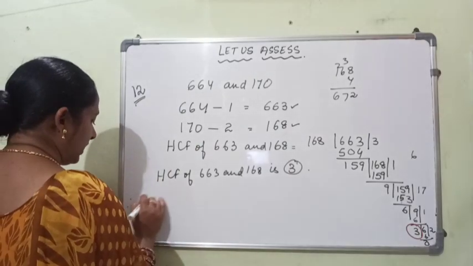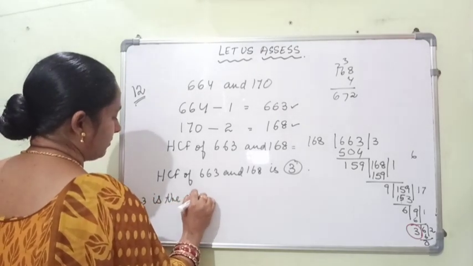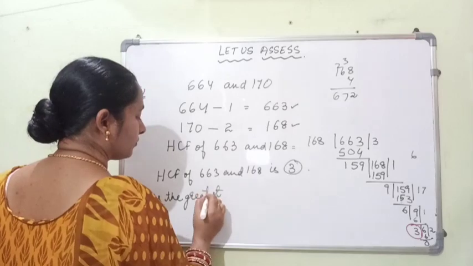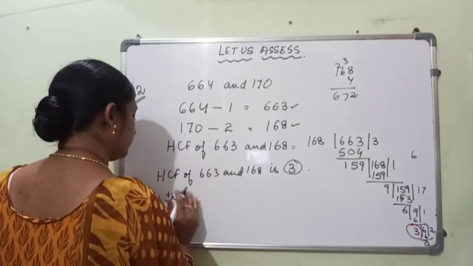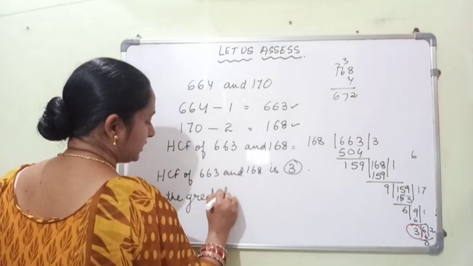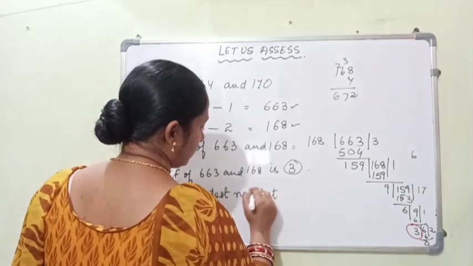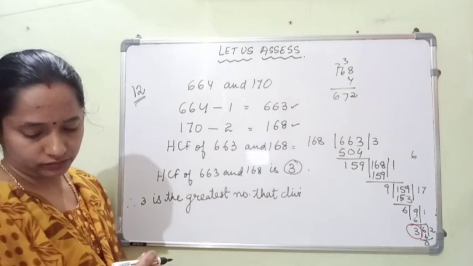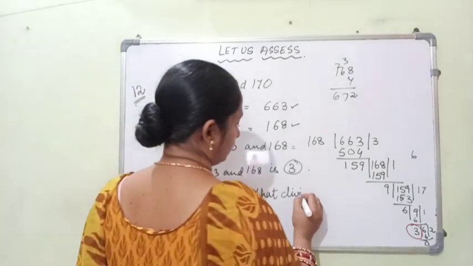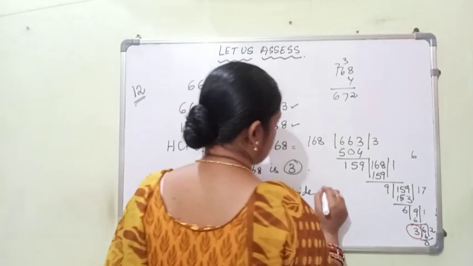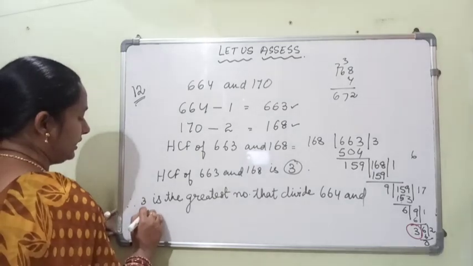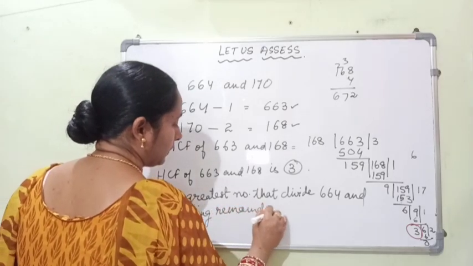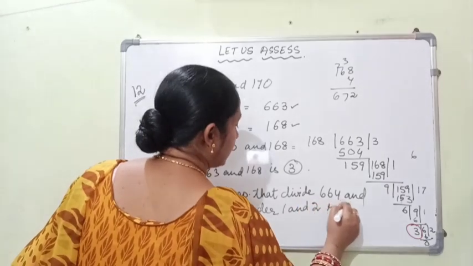You have to write a statement. Therefore 3 is the greatest number that divides 664 and 170, leaving remainder 1 and 2 respectively.